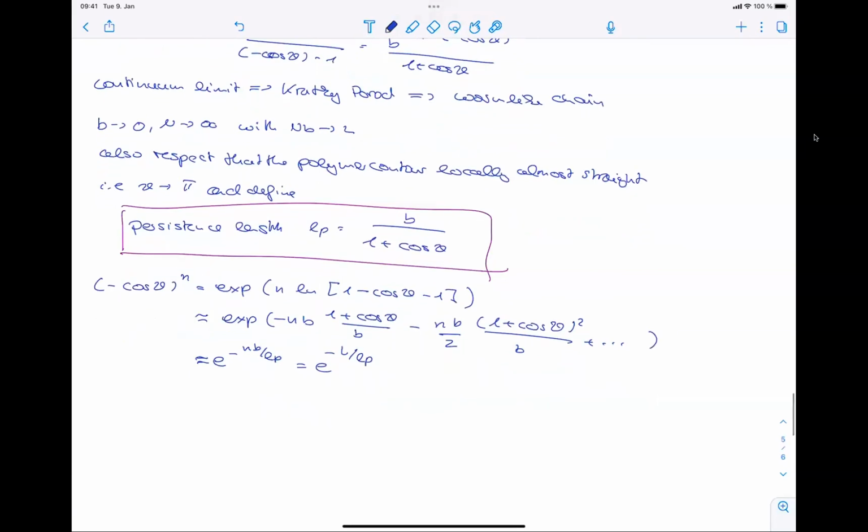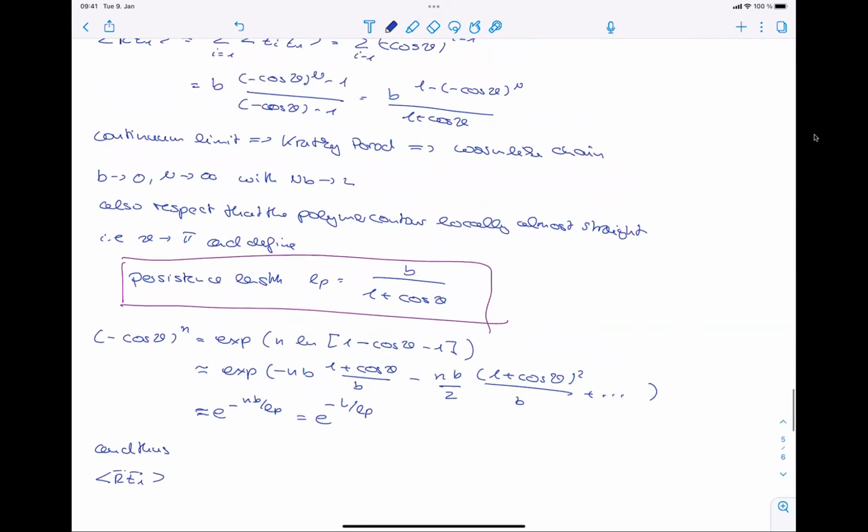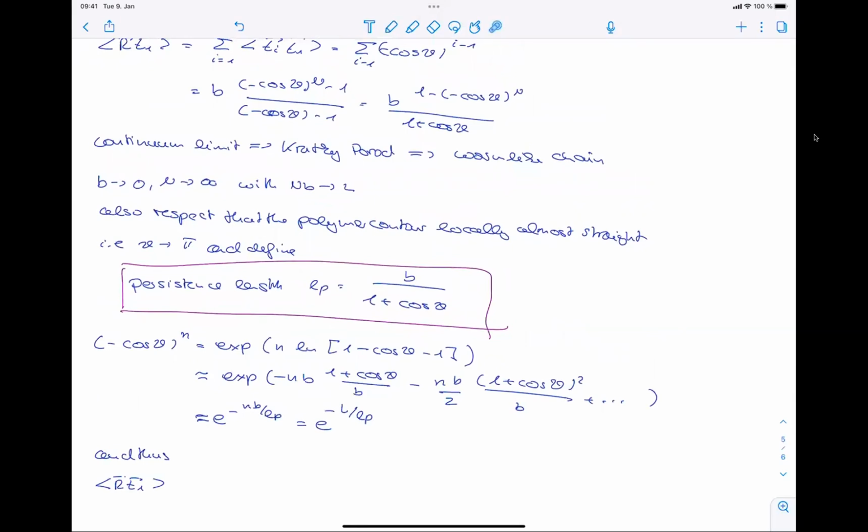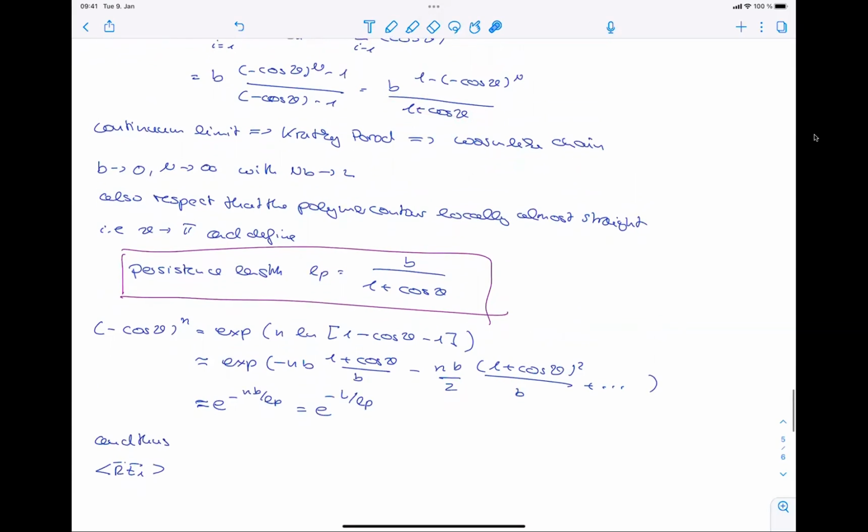And now using this formulation, the projected end-to-end distance vector that already had this b over 1 plus cos theta. Let me just quickly copy it down.